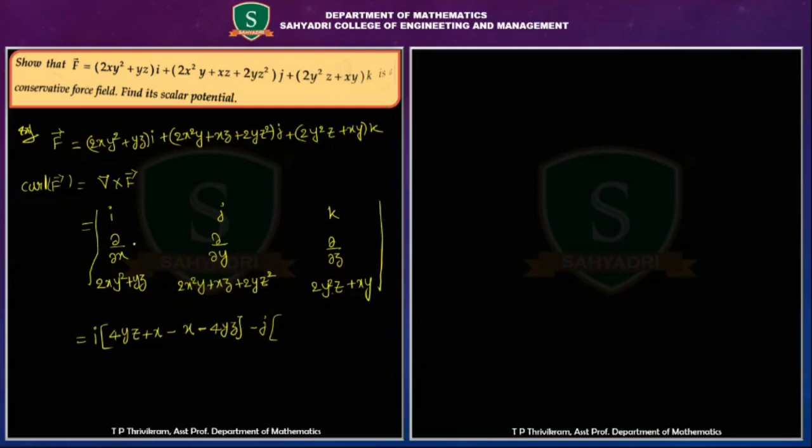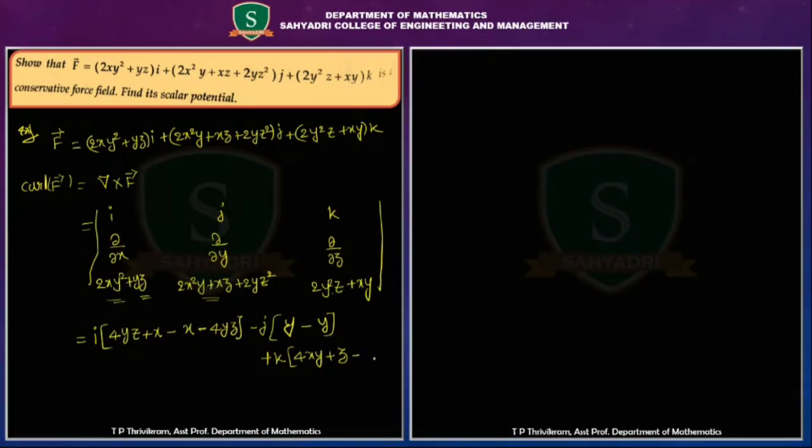So j into dou by dou x. Dou by dou x means y you'll get here. Next minus dou by dou z. So we have only one term with z, that is y again. Next plus k into dou by dou x of this function. So that means 4xy plus z is there, minus dou by dou y of this function.